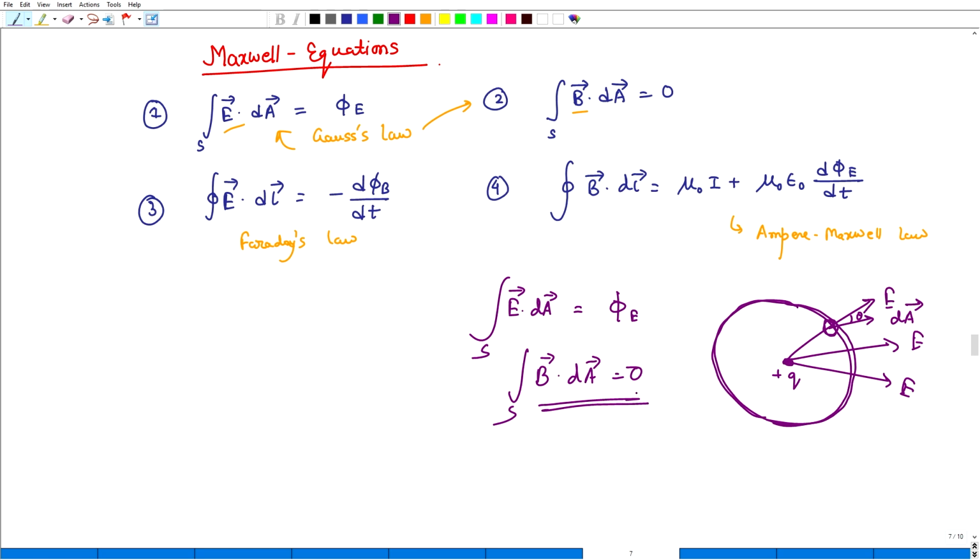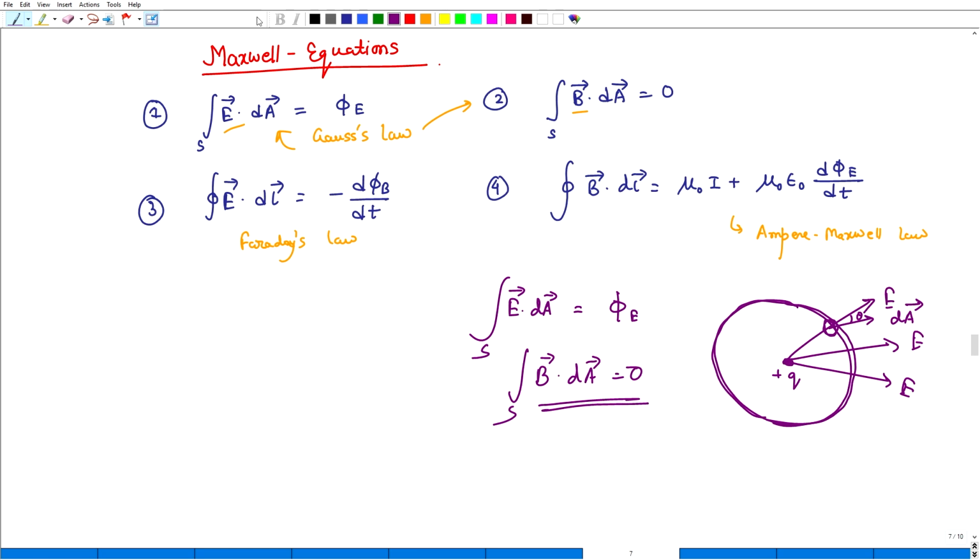In that case we have to revise our law, but as per what we know, there is no magnetic monopole. So essentially if there is no magnetic monopole, there is no chance of any net magnetic flux. We can have magnetic flux only with the magnetic dipole. So this is the second law, that B dot dA is 0.